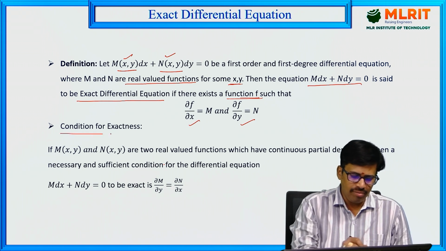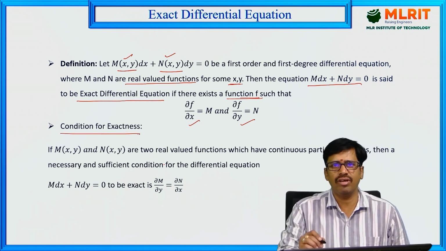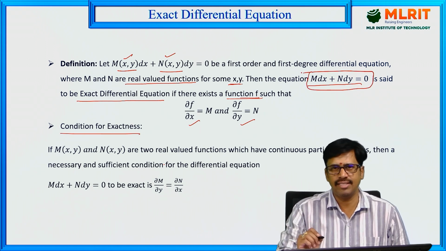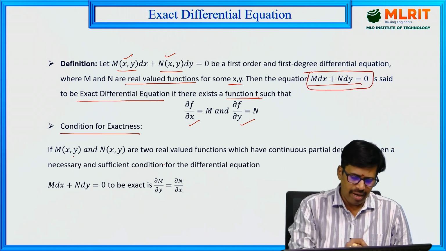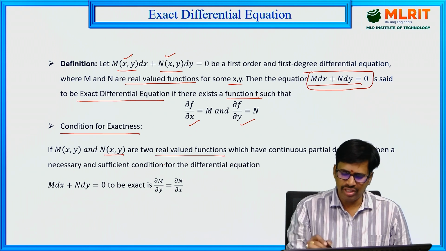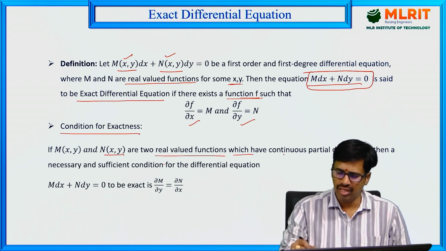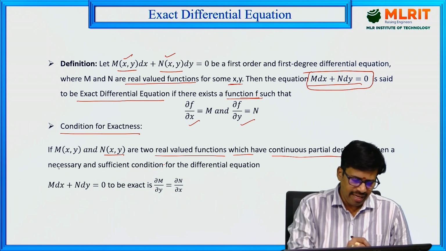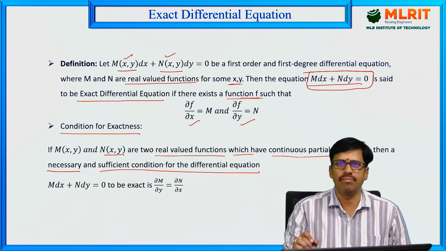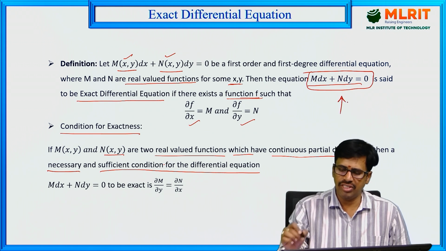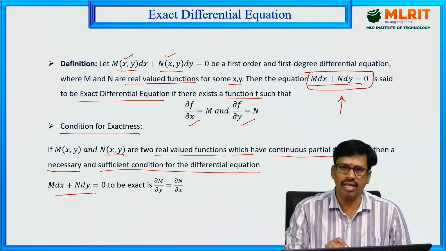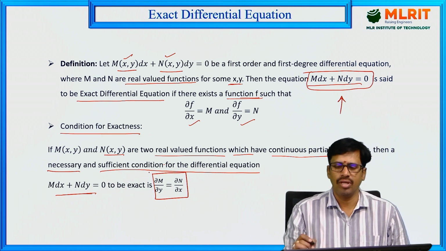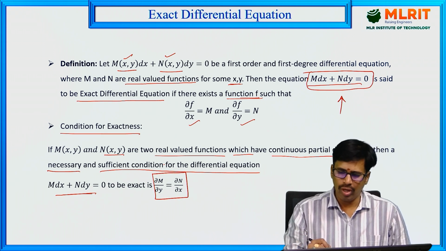Now let us see what is the condition for exactness. When do you say that this equation is exact? Here M and N are two real valued functions which have continuous partial derivatives. Then the necessary and sufficient condition for this differential equation M dx plus N dy equal to 0 to be exact is this condition: dou M by dou y equal to dou N by dou x.